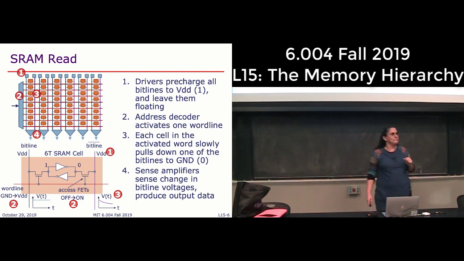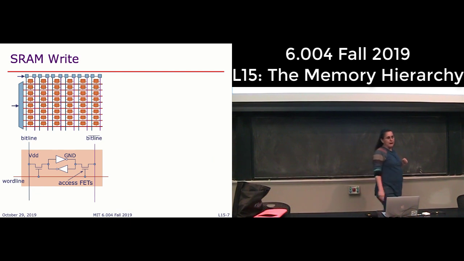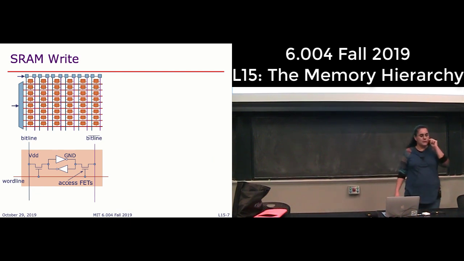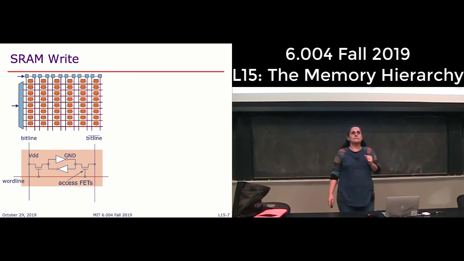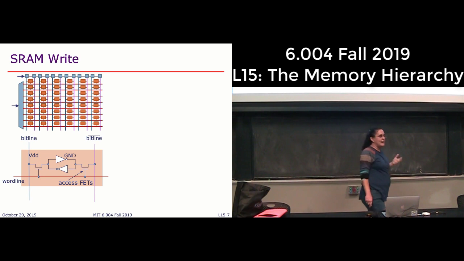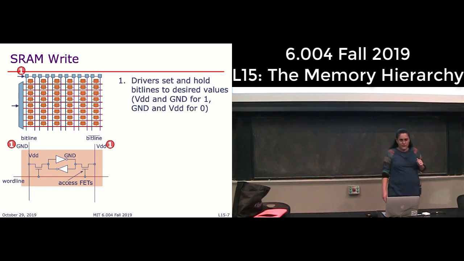Okay? All right, how about an SRAM write? In order to do a write, we actually want to modify what's stored in this SRAM cell. So the way we're going to do that is as follows. We're going to start off by driving, and this time holding, our bit lines to the value that we're trying to write into the cell.